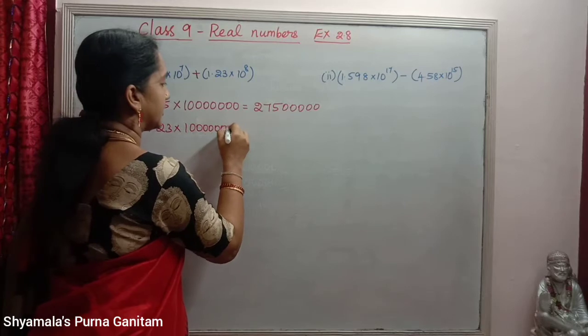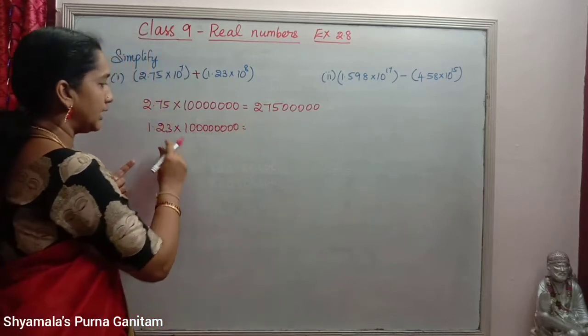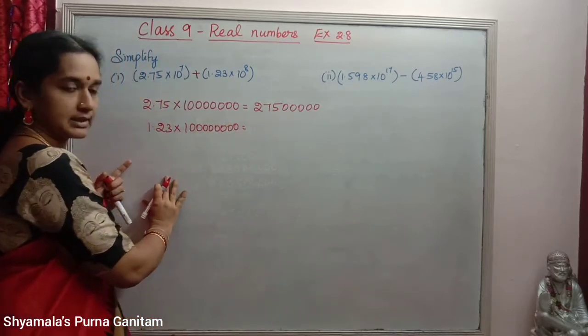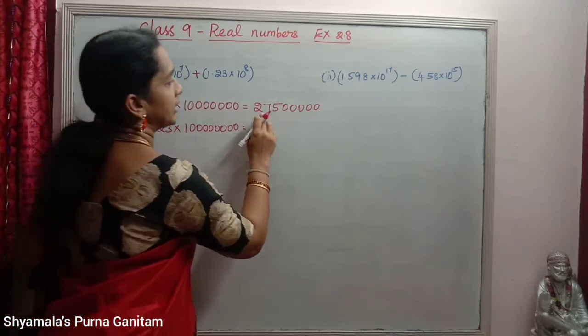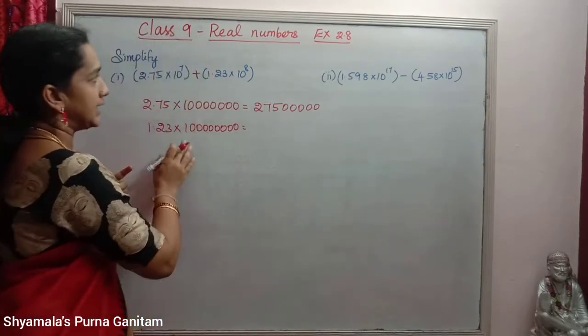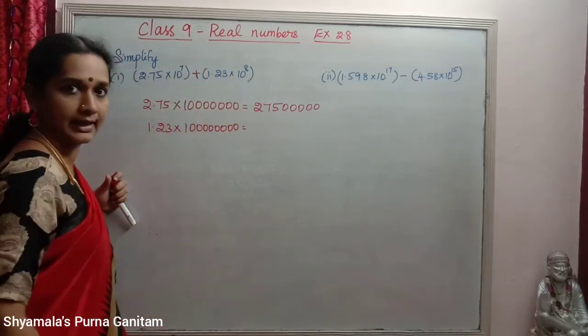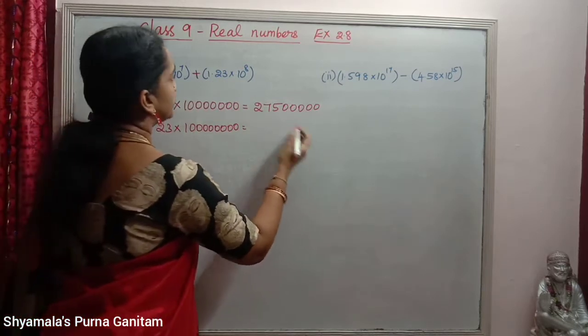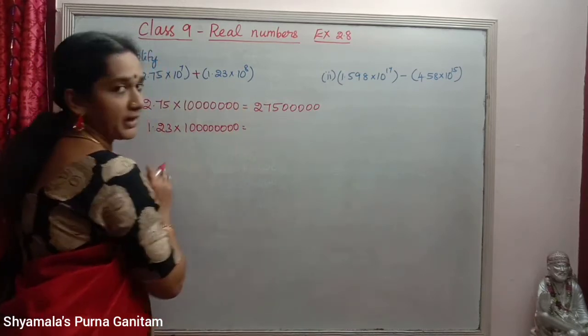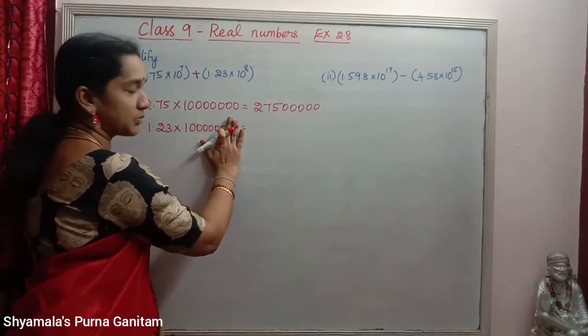So when we simplify this, 2 decimal places will be removed.